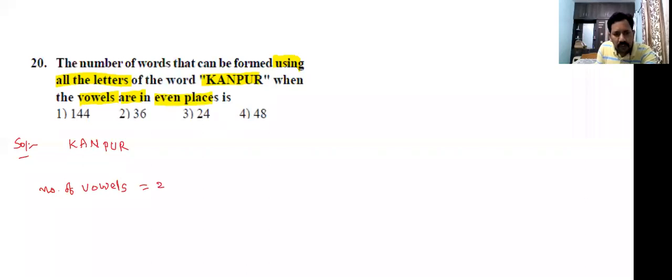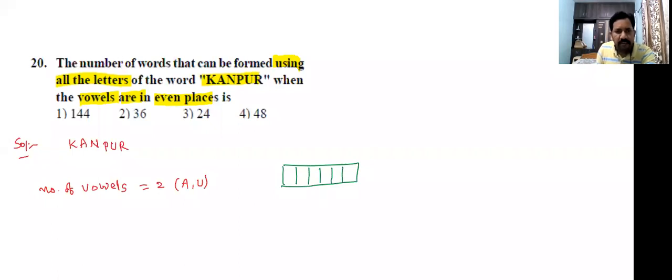Only two, that is A and U. Kanpur means it is occupied at 6 places: 1, 2, 3, 4, 5, 6.